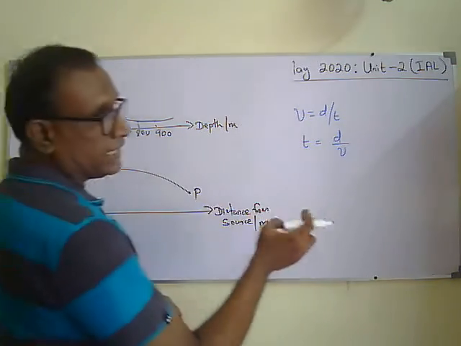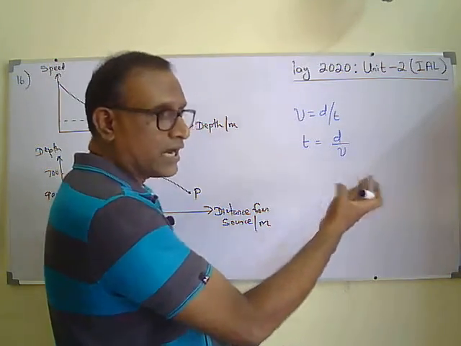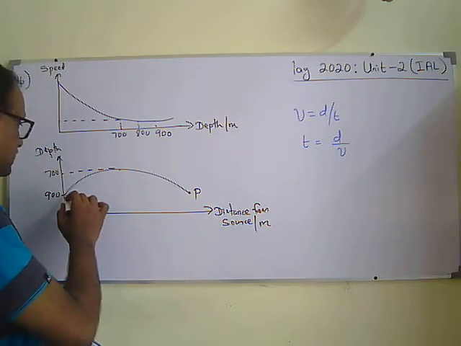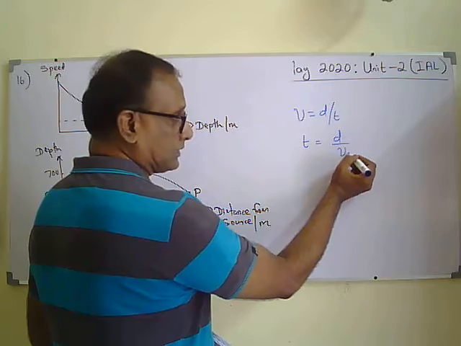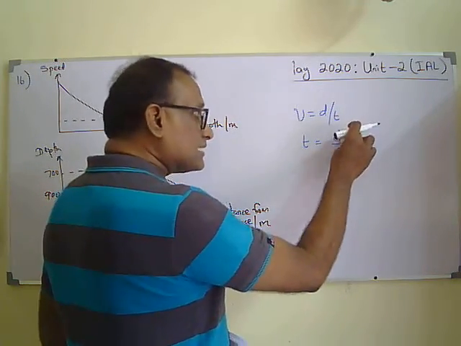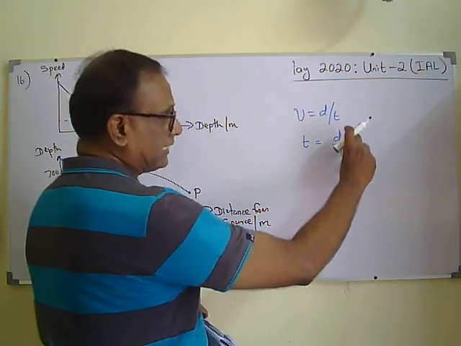The distance is also increasing. So there's no specific answer. Only thing, the values are giving shorter time. When the sound travels along the curve, distance is larger, speed also larger. When you calculate, it's getting a smaller value. But distance is smaller when it travels directly, and the speed is also smaller, and that is giving a shorter time.